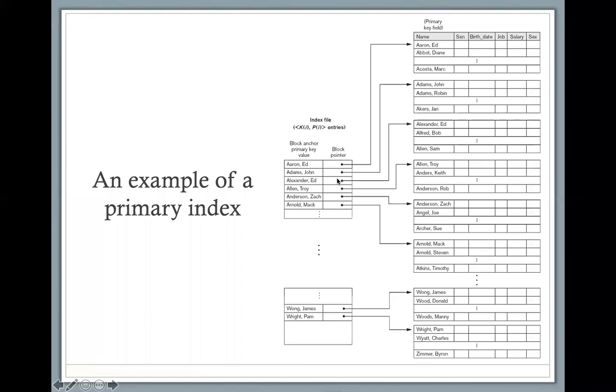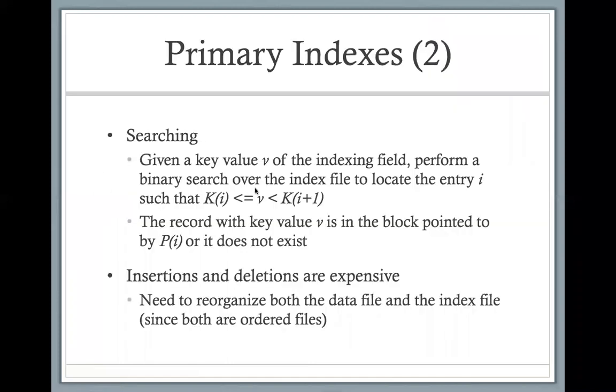Then Alfred Bob has to be in the block pointed to by Alexander. So all you have to do is find the two values that squeeze the value you're looking for, and then follow the pointer of the smaller value. That's how searching works. You find ki and ki plus 1 between which the value is squeezed, and then follow the pointer pi to get to the record if it exists. If it's not there in this block, then it doesn't exist.